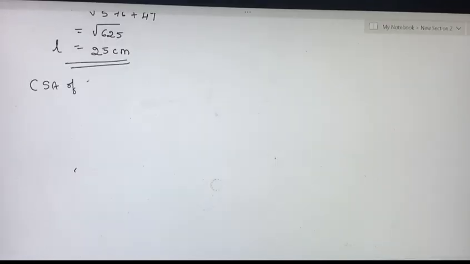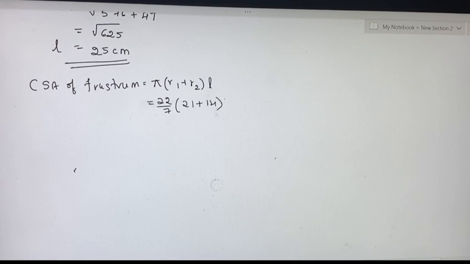CSA of frustum is equal to pi into (R1 plus R2) into L. So pi value is nothing but 22 by 7. R1 is nothing but 21 plus R2 is nothing but 14. This is given. L we have found out is 25.